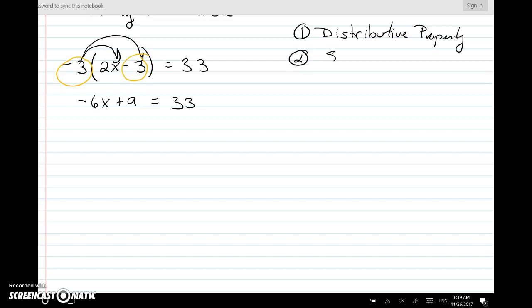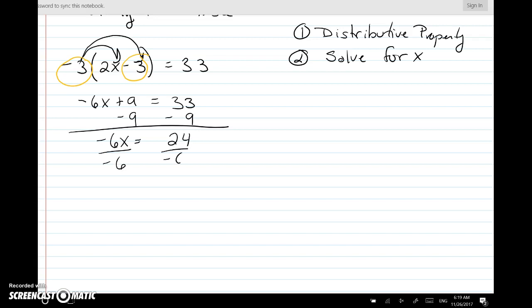So let's solve for x. Subtract 9 from both sides. We have negative 6x equals 24. Divide both sides by negative 6, and x equals 4. There we go, nice and simple.